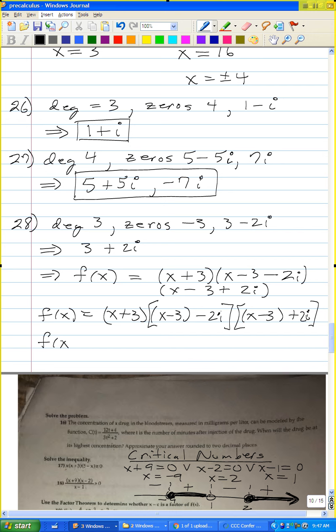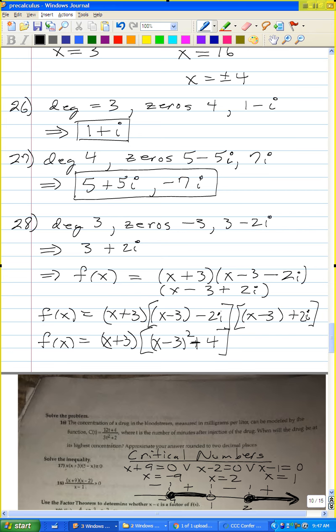So f of x is equal to x plus 3 times, this is a special product formula, so this is x minus 3 squared minus 2i squared, which will give me a plus 4, because i squared is negative 1.